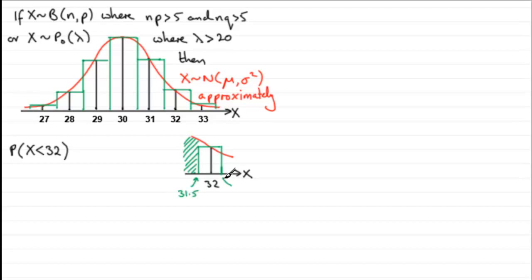This one here would have been at 32.5, but we're only interested in 31.5. So what we can say is that this probability is approximately the same then as working out the probability that x is less than 31.5. And this is, as I say, called a continuity correction.